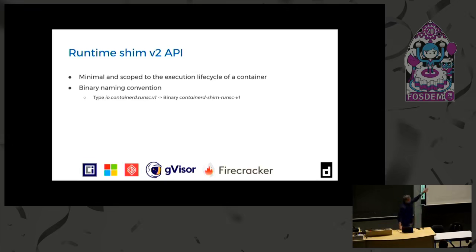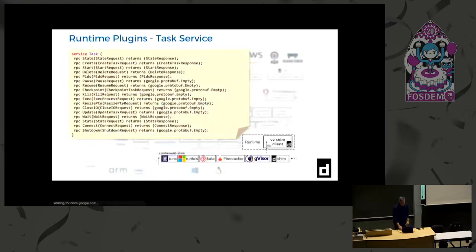And there's a simple naming convention. So when you start a containerd process, you can say use this runtime by providing this type. And here's all the API that you would have to implement to become a shim in the shim v2 API. It's effectively the task service within containerd.